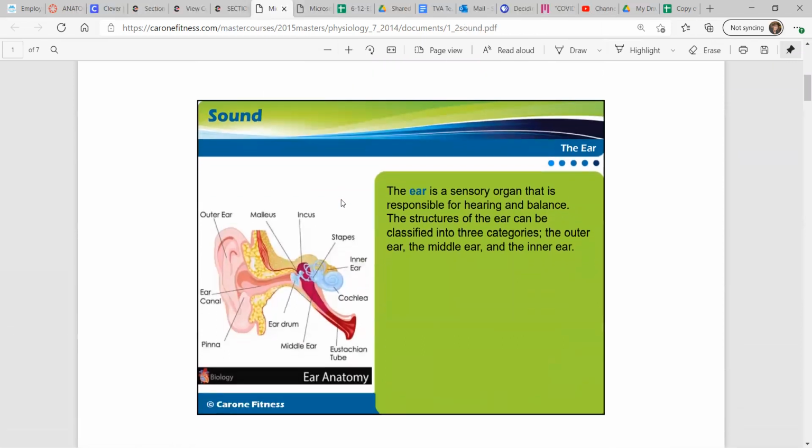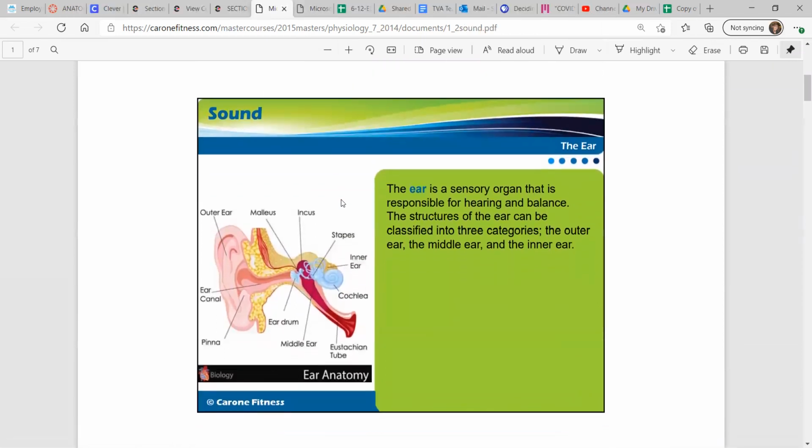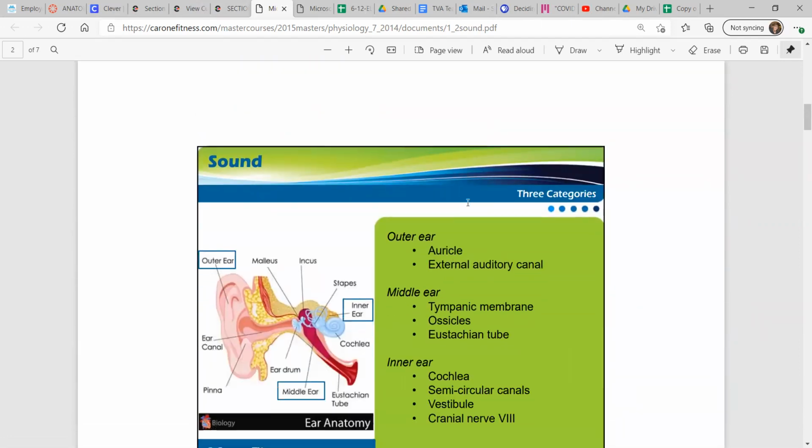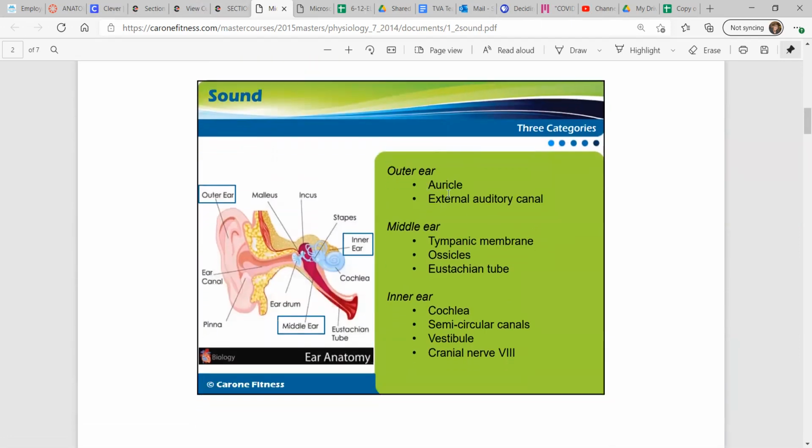The ear is a sensory organ that's responsible for hearing and balance. The structures of the ear can be classified into three categories: the outer ear, the middle ear, and the inner ear. The outer ear: the auricle, the external auditory canal, the tympanic membrane.